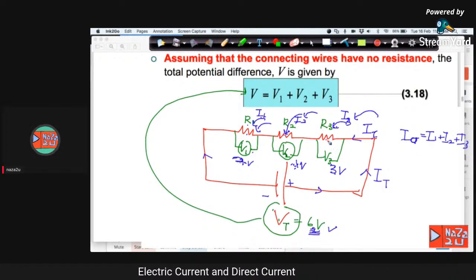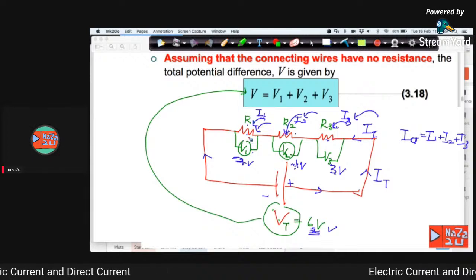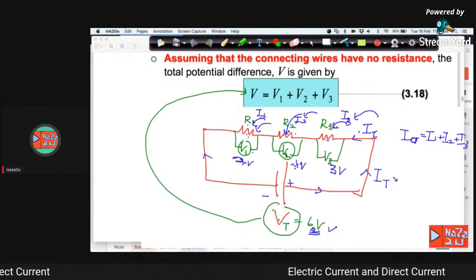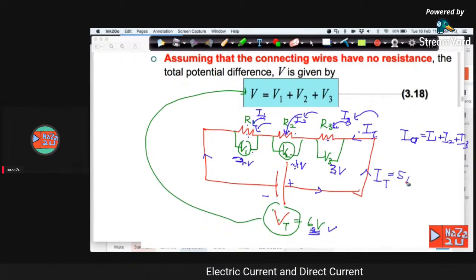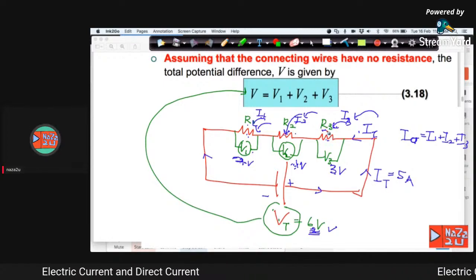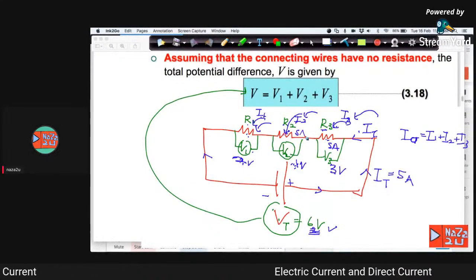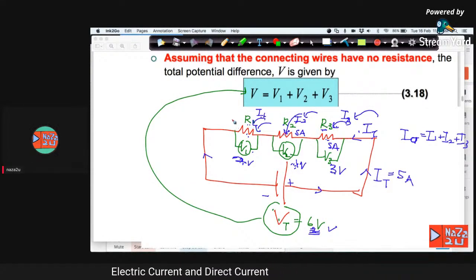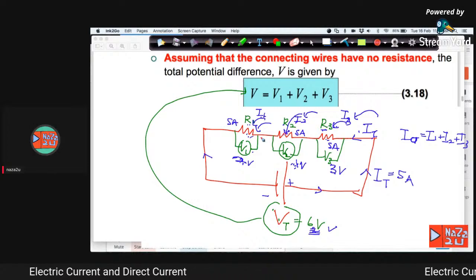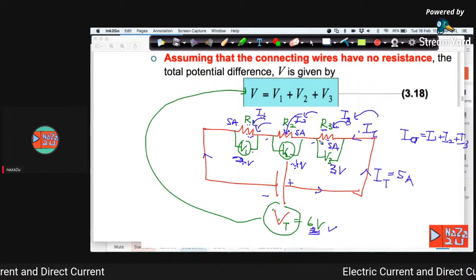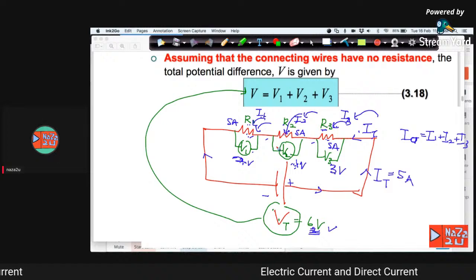Maksudnya arus yang masuk dalam resistor yang ketiga, resistor yang kedua, resistor yang pertama adalah sama. Let's say the current flow is 5 ampere. If the question asks what is the current flow in resistor 3, 5 ampere. Resistor 2 also 5 ampere. Resistor 1 of course 5 ampere because the resistors are connected, ataupun disusun secara siri.